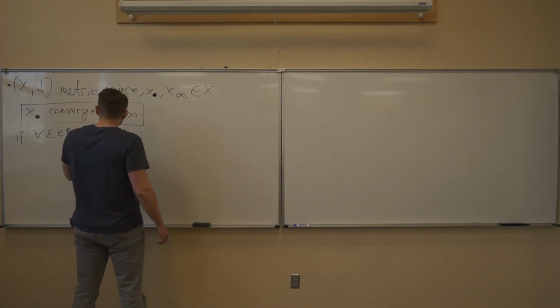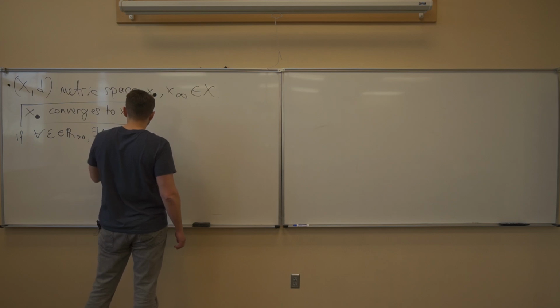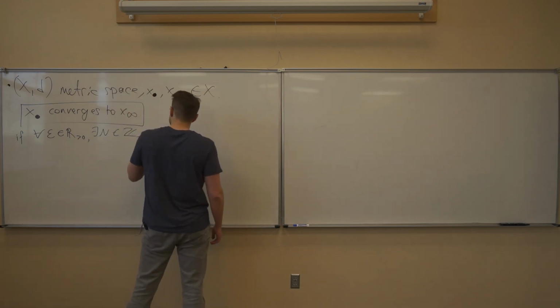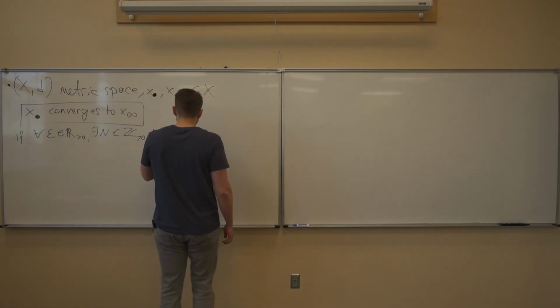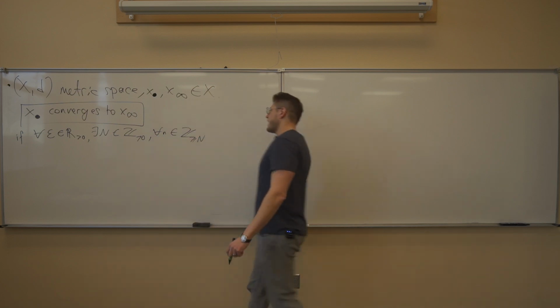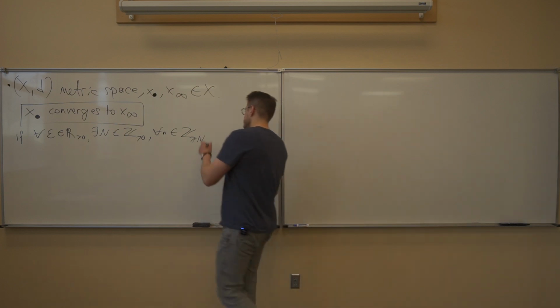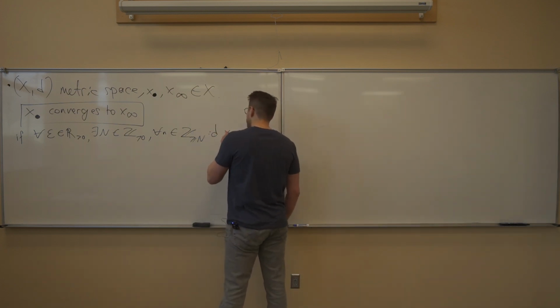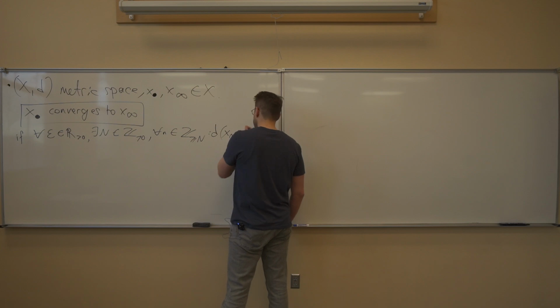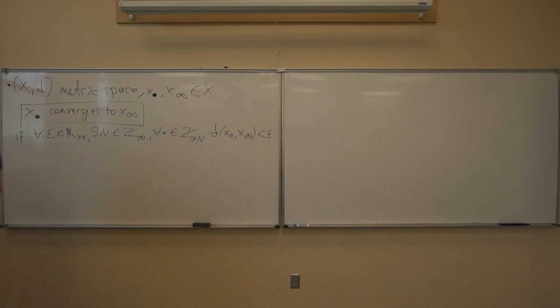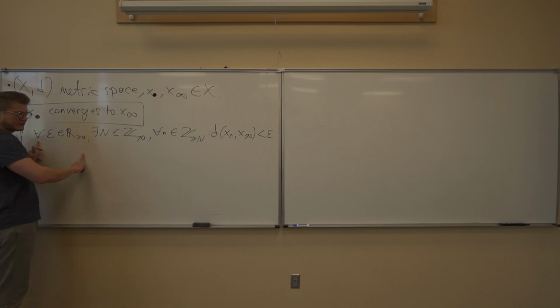There is an uppercase N, positive, let's say, such that for any lowercase n after uppercase N, I'm thinking of n as time here, what happens is that the distance between x sub n and x sub infinity is bounded by epsilon. That's the definition. Now here are a couple of other ways of writing the same thing.